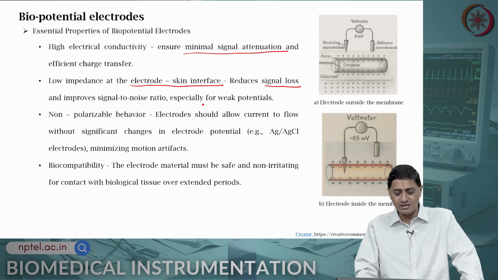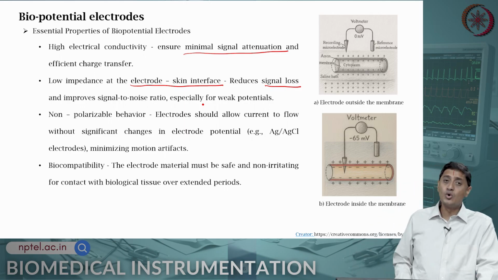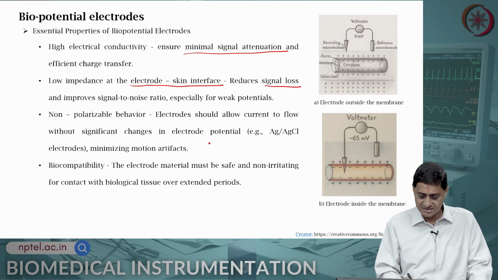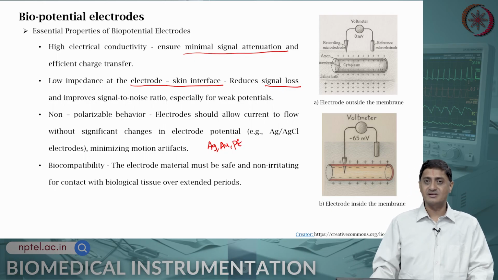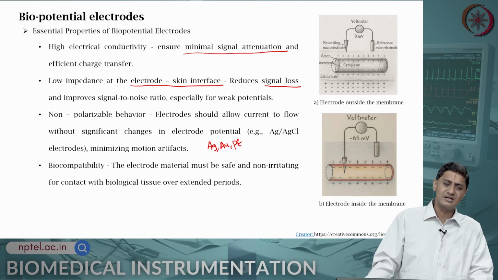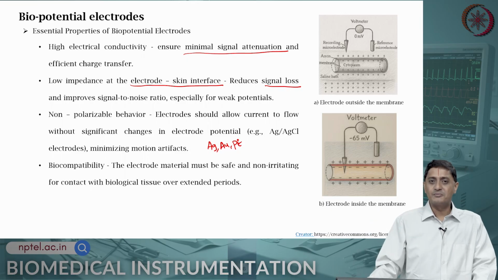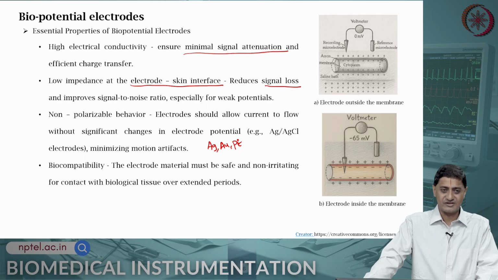That means they should allow current to flow through the electrode without causing any significant change in the electrode potential, which is why we use noble metals such as silver, gold and platinum as electrodes, because they do add potential, but the potential added is minimal, and they minimize motion related artifacts.